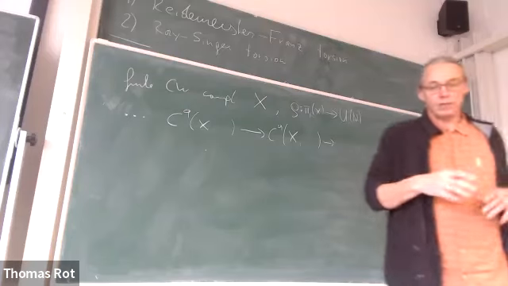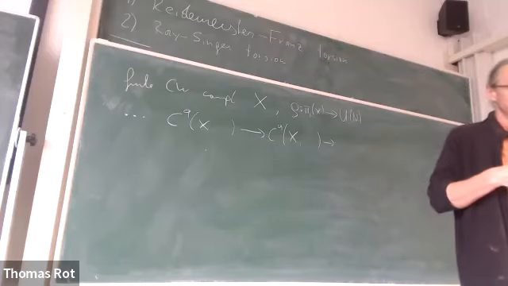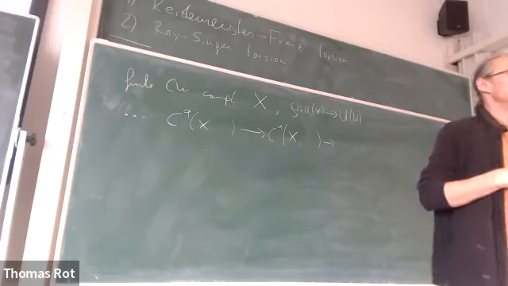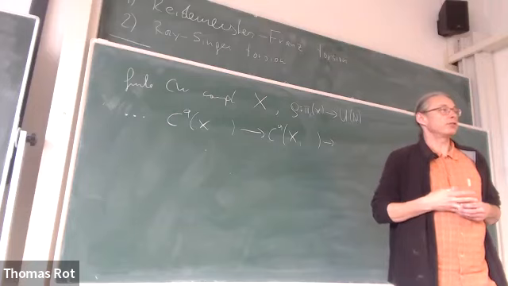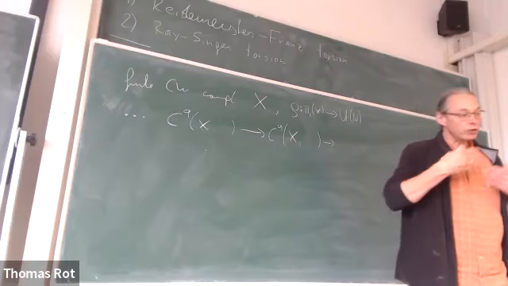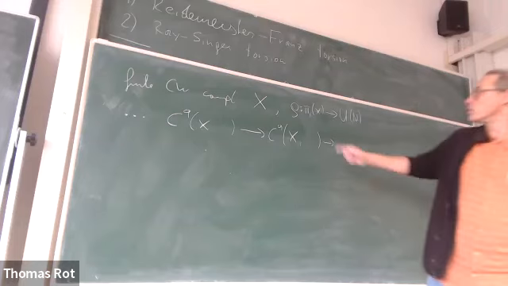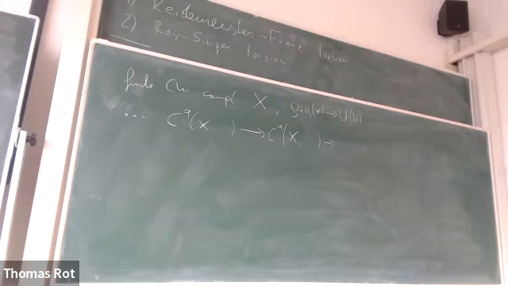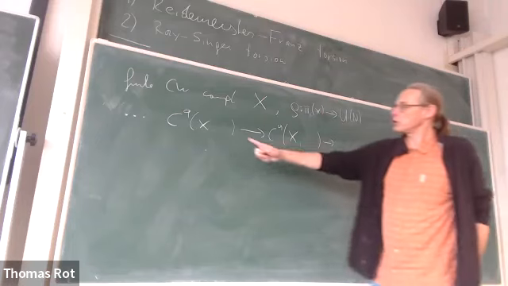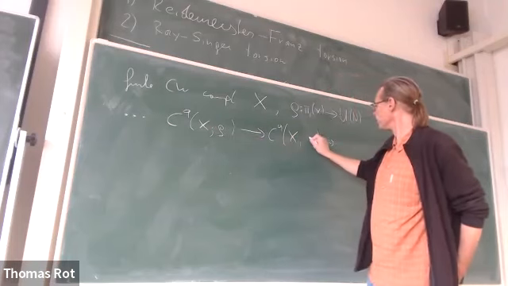The details of these constructions are not very important here, but basically you lift the CW decomposition to the universal covering. Then the cellular complex on the universal covering is now a module over the group ring of the fundamental group, and you can tensorize using this representation to get a complex of finite dimensional vector spaces. So these are all going to be finite dimensional vector spaces after we twisted with this representation.